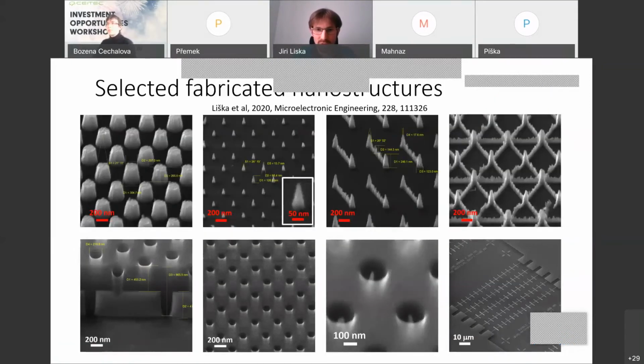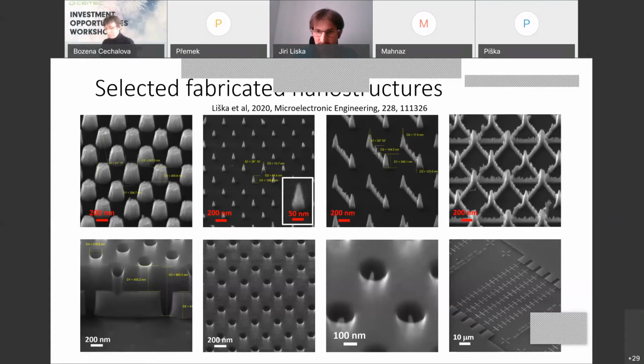I also belong to the subgroup of plasmonics, which means the study of interaction between light and matter on the nanometer scale. We usually work with nanostructures like disks, cylinders, or nanocones in arrays, and thanks to this project, we are also familiar with nanowells or combinations with these structures.